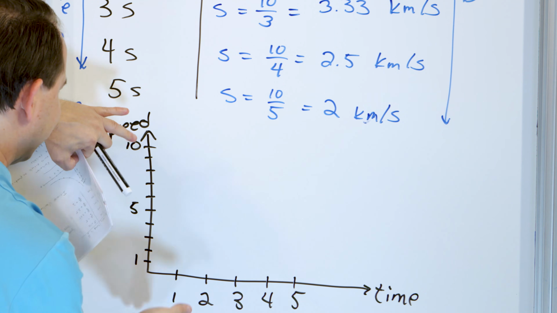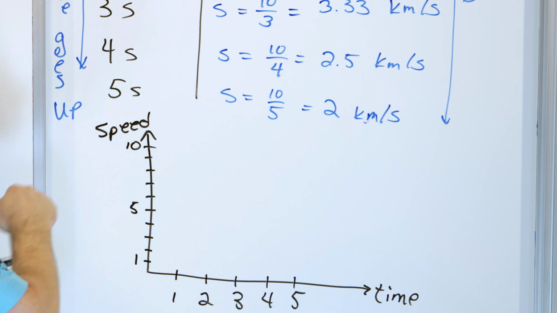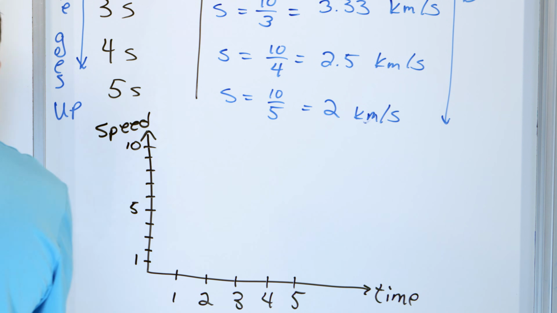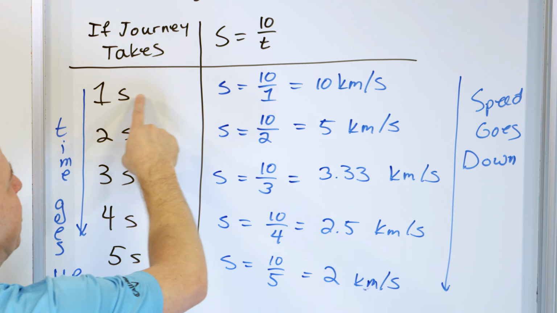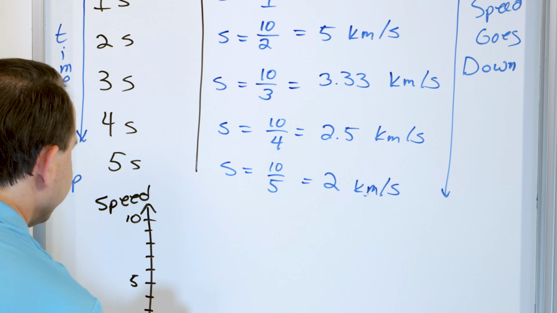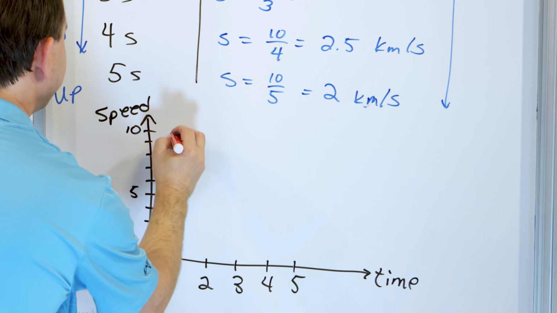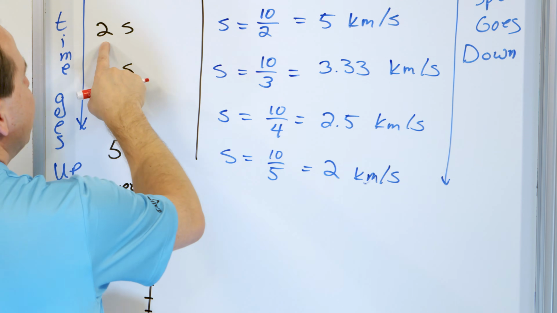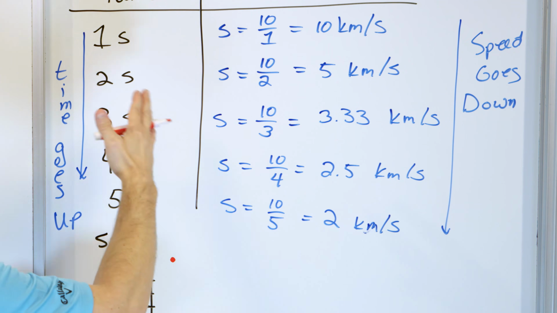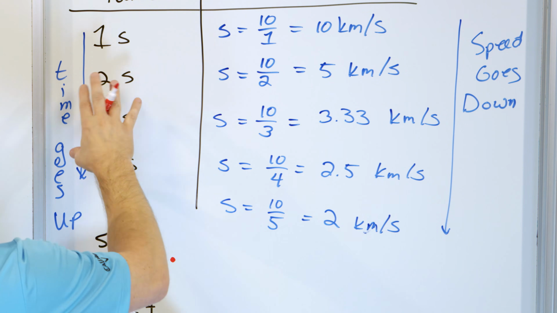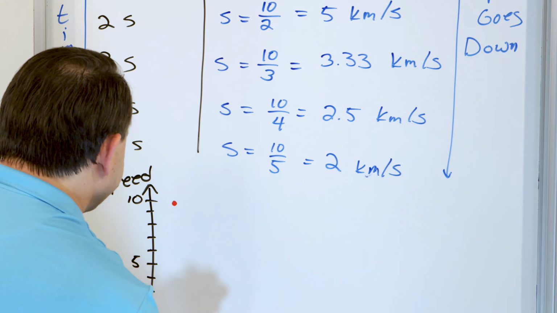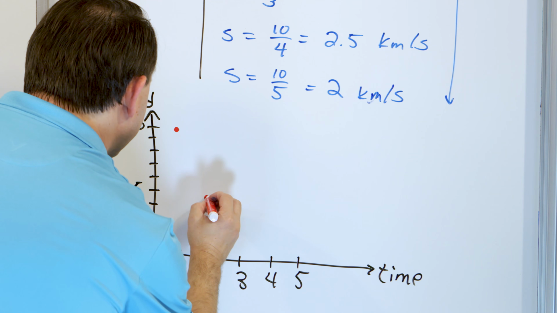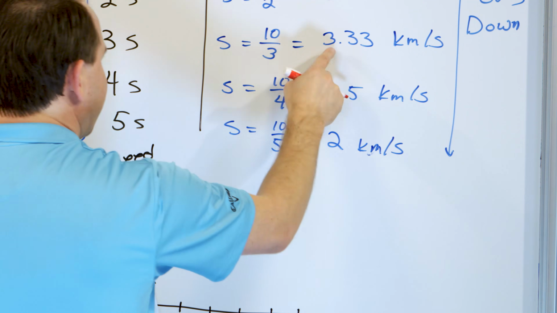Of course, the distance between the tick marks isn't quite the same, but it's still going to show me basically what I'm trying to find. If it takes me 1 second to go on this journey, then my speed must be 10. So 1 comma 10. That's what I'm going to plot for the first point. 2 comma 5. If I'm plotting speed versus time, a relationship between the two variables, 2 seconds would be 5 kilometers per second, which cuts it in half, right around here. 3 comma 3.33.